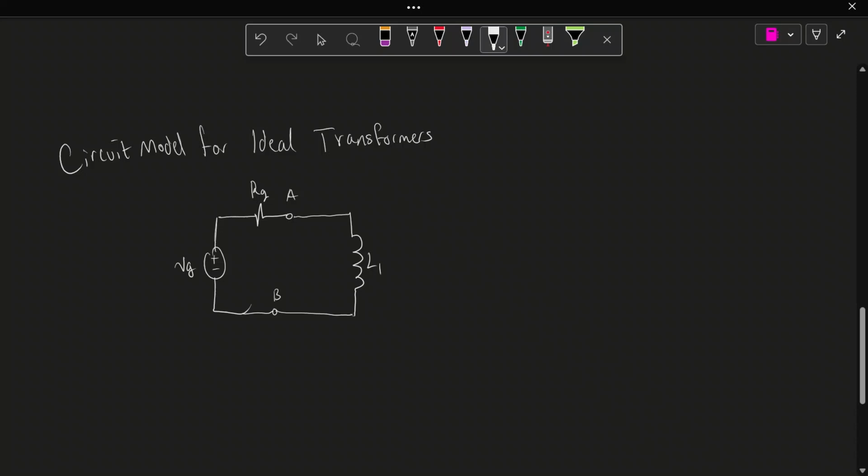So let's say L1. If we go into the phasor notation here, its impedance of L1 is equal to j omega L1. What do we multiply it by to get the voltage across it? Well, we multiply by the current through it. We call this I1. So that means the voltage drop VL1 is equal to I1 times j omega L1.